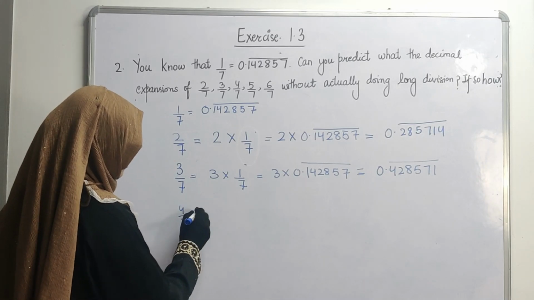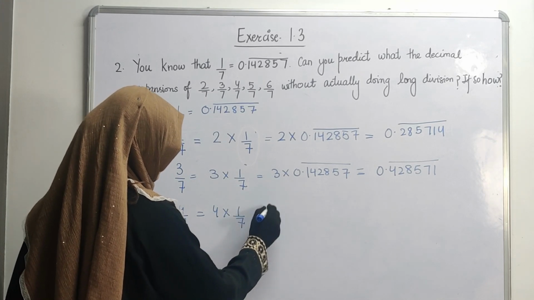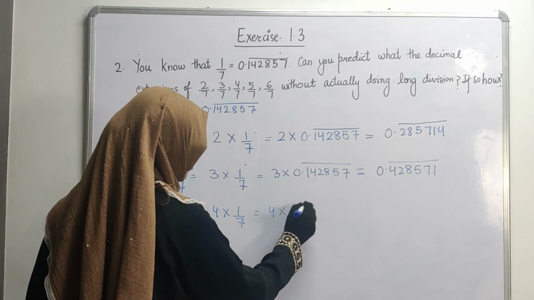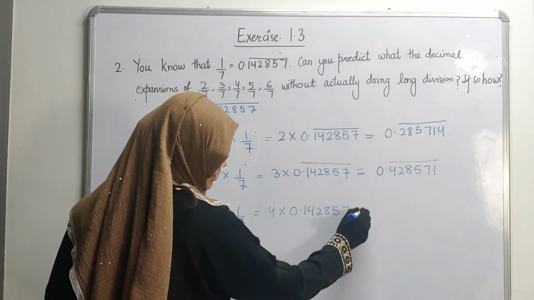4 upon 7. 4 multiplied by 1 upon 7. 4 multiplied by 0.142857.